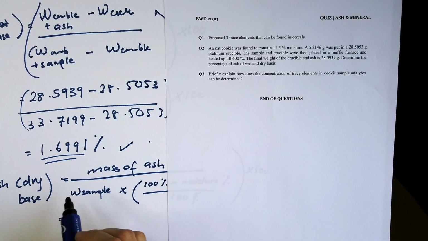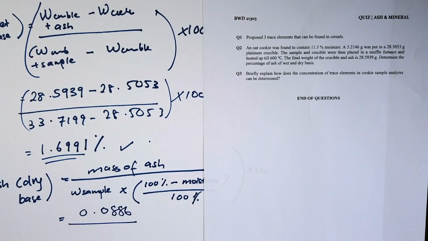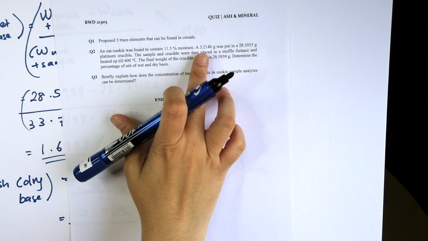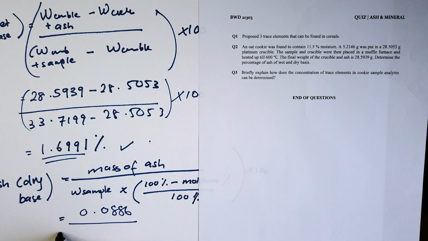You should get the mass of the ash equivalent to 0.0886. And then the weight of the sample given to you is 5.2146.